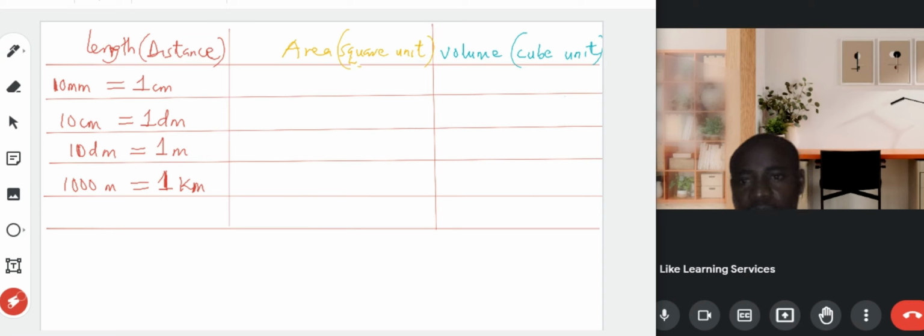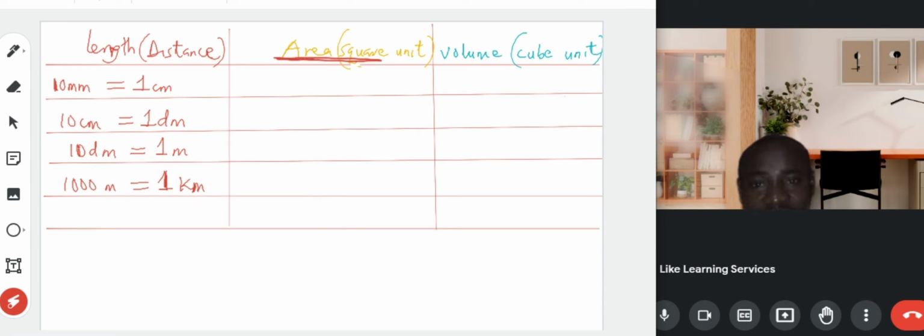Okay, when it comes to area or volume, we usually start with the basic one, which is length or distance, and we know that 10 millimeters make 1 centimeter, 10 centimeters make 1 decimeter, 10 decimeters make 1 meter, and 1000 meters make 1 kilometer.